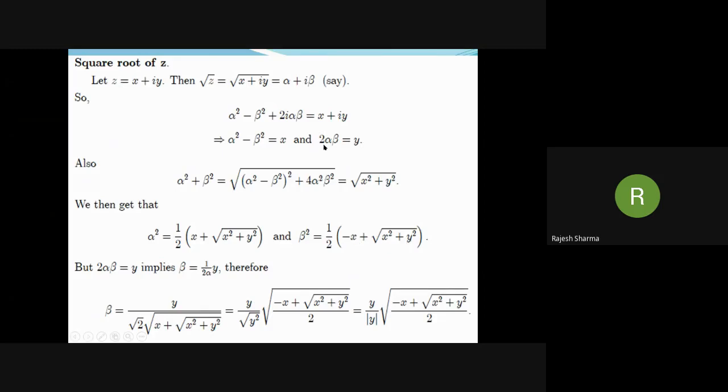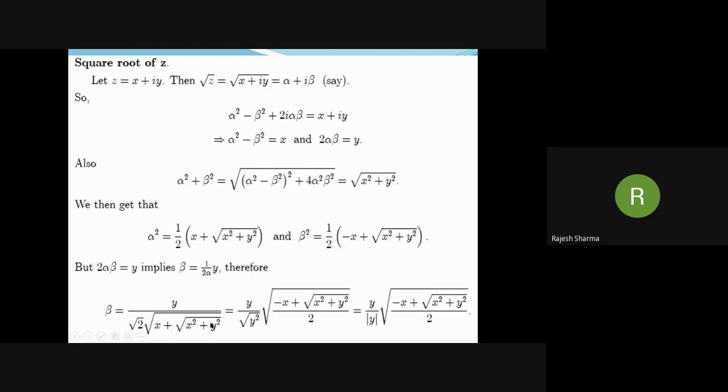But we also have one more equation, 2 alpha beta is equal to y. And this implies beta is equal to y over 2 alpha. Therefore, if we take positive square root here, then alpha is 1 by root 2 under root x plus under root x square plus y square. Then beta is equal to y over root 2 and under root x plus under root x square plus y square.